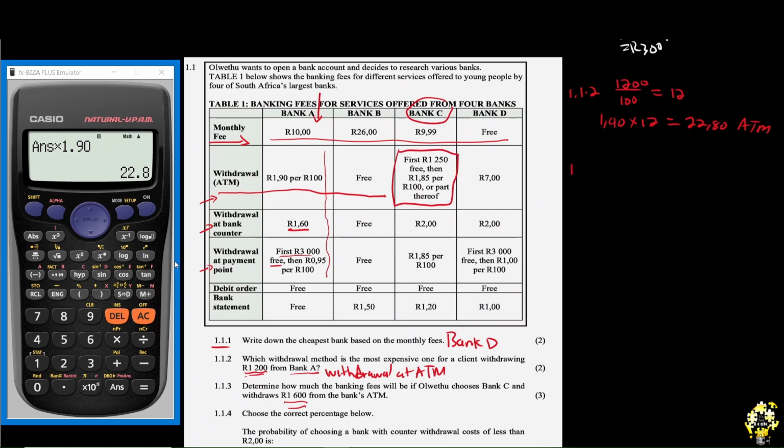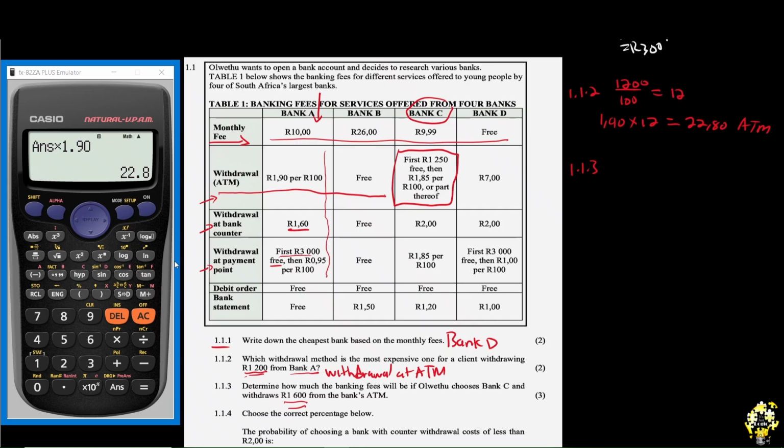So let's come here and say 1.1.3. We are withdrawing 1,600. Now, here it says that the first 1,250 is free. They don't charge you for withdrawing 1,250. But after that, you are supposed to pay 185 cents per 100 rand or part thereof.